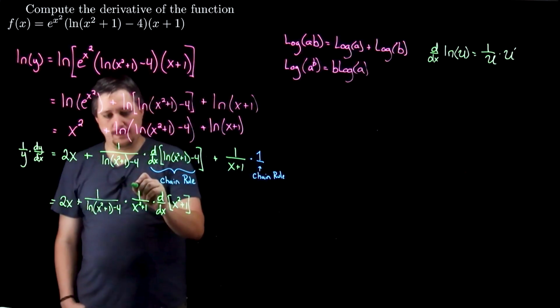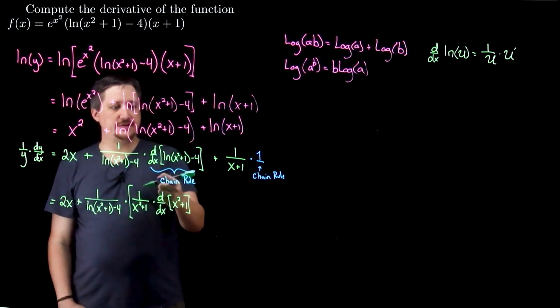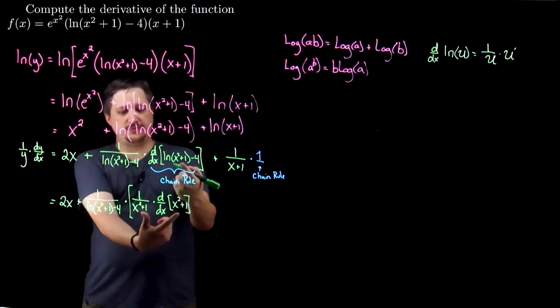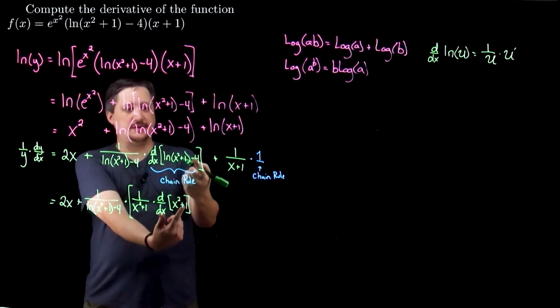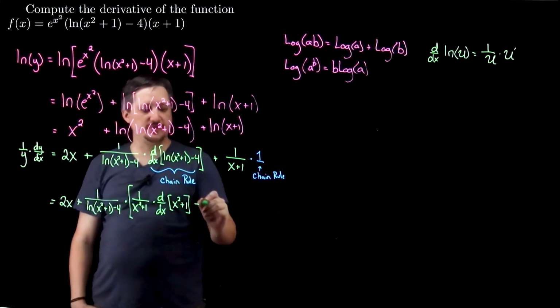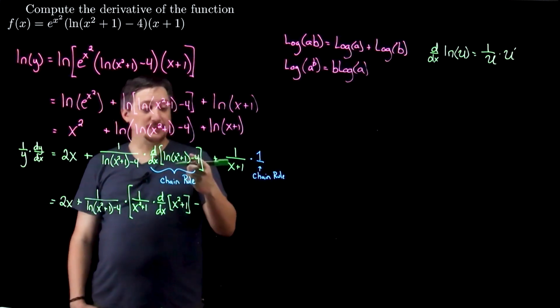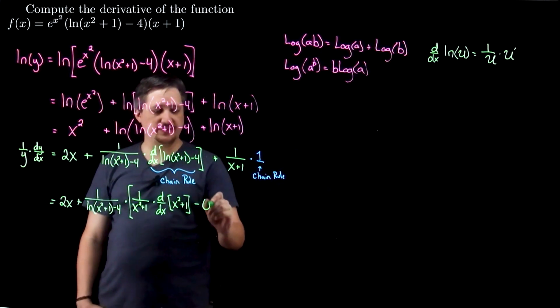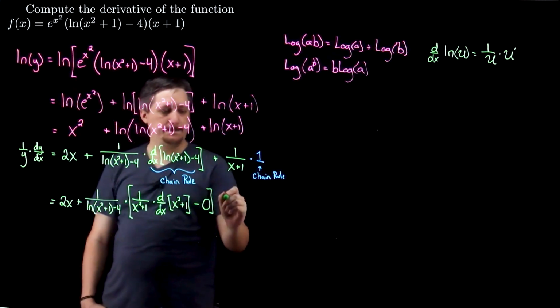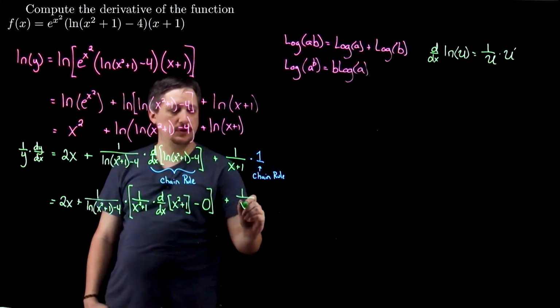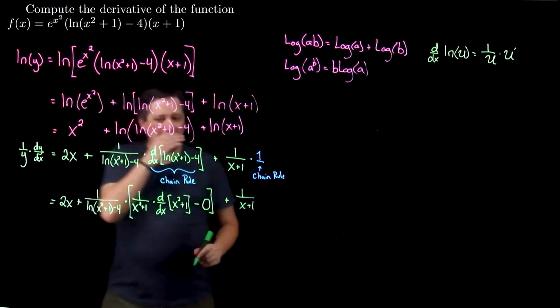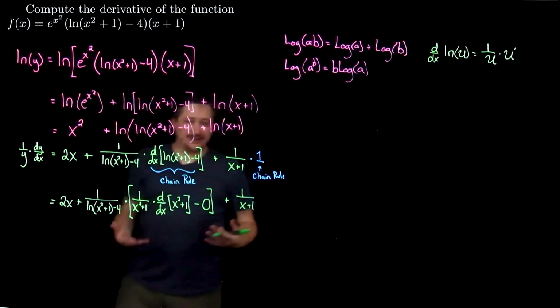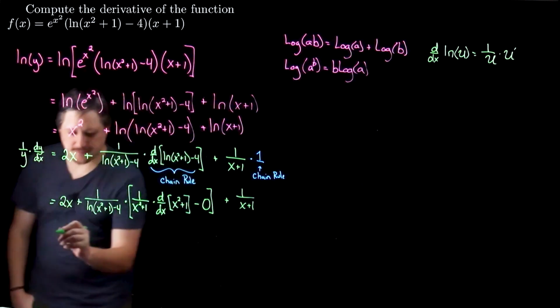So to be clear, all of this is the chain rule. So that was this first piece, right? The natural log was 1 over that thing times the derivative of that thing, minus the derivative of 4, which is just 0. Okay, and then that stays the same. And I'm still not done, right? Because I still have this thing.